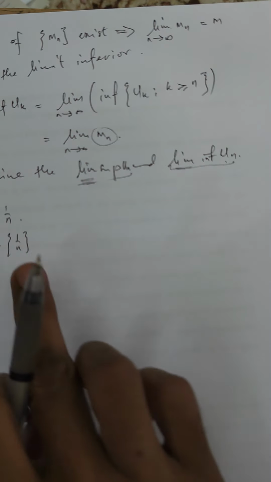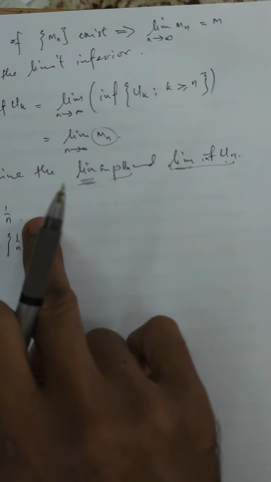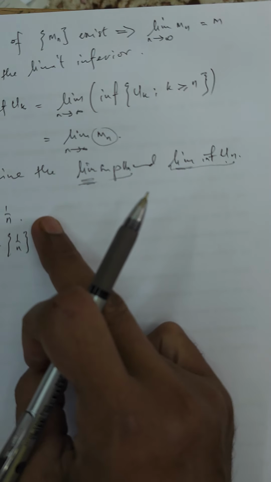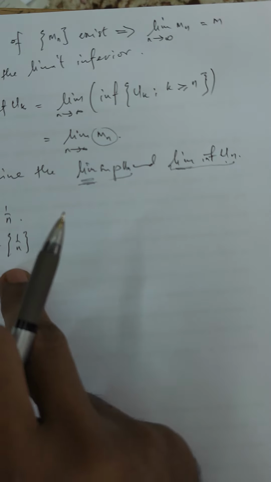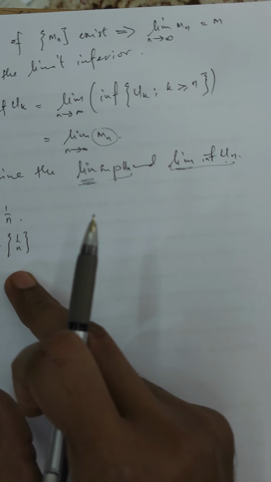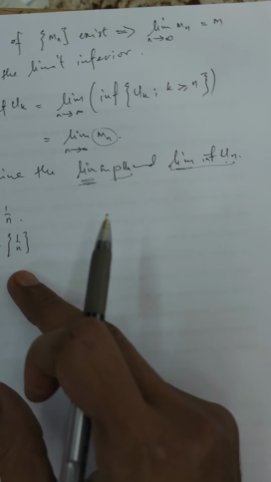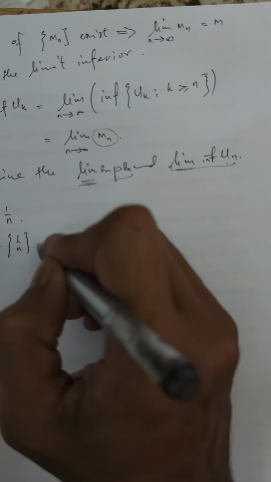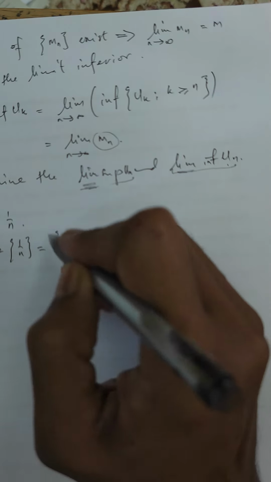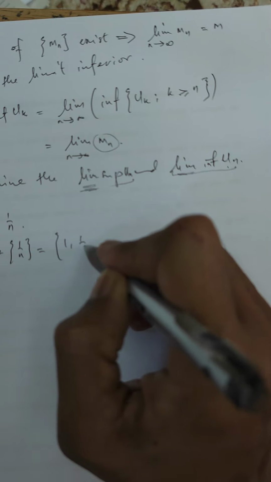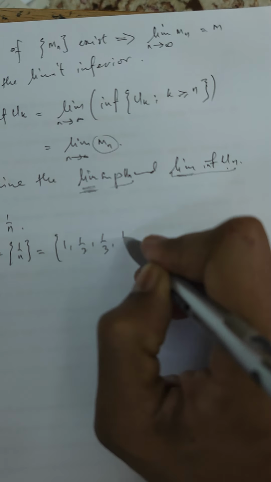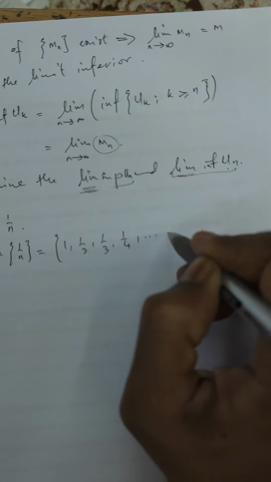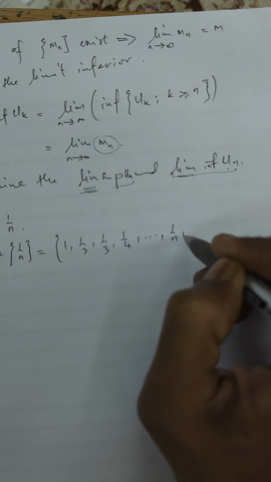At the beginning we noted this as n equal to 1 to infinity, but now we understand that when we say it is a sequence, then n must be from 1 to infinity, it cannot stop anywhere in the middle. Okay, so if we list this down, we have 1, 1 over 2, 1 over 3, 1 over 4, and so on, 1 over n, and so on.